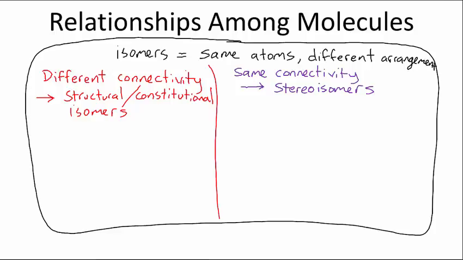Now, stereoisomer is just this broad term for molecules that have all the same atoms, connected in the same way, but arranged differently in three-dimensional space.